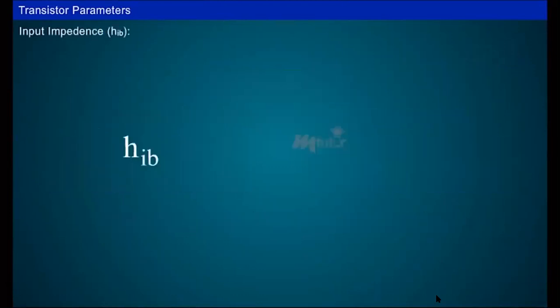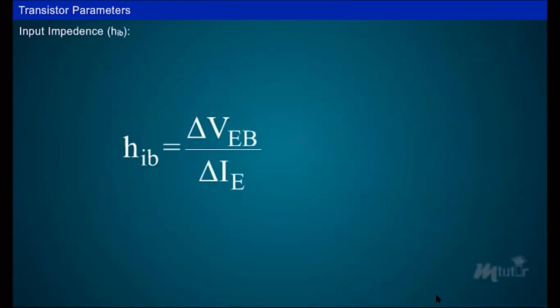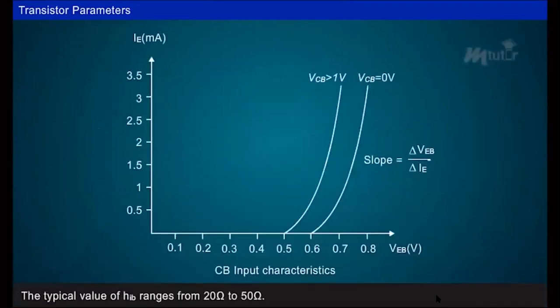reverse voltage gain. They are commonly known as common base hybrid parameters or H parameters. Input impedance HIB is the ratio of the change in emitter base voltage to the change in emitter current with the collector base voltage VCB kept constant. It is the slope of CB input characteristics IE versus VEB. The typical value of HIB ranges from 20 to 50 ohm.